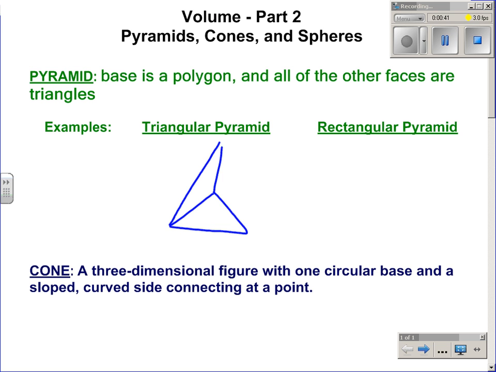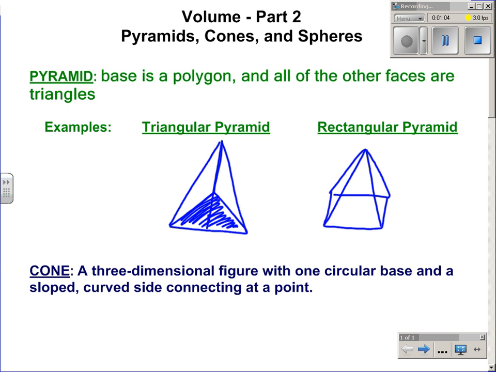So one kind of pyramid you'll see is a triangular pyramid, where the base is a triangle, and then they all go up to one point, and it ends up looking something like that. And then if we had a rectangular base, the base would be a rectangle, but all of the sides would come up and meet and make triangles for faces. So here we have a triangular pyramid because the base there is triangular.